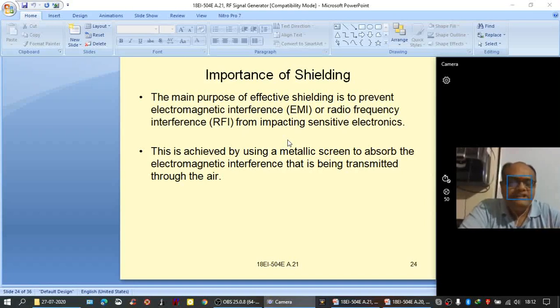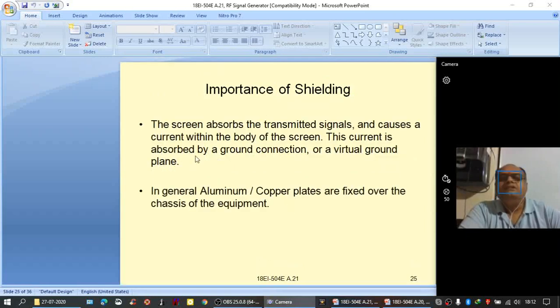By providing a shield on the sensitive parts, and all the interference whatever is expected would be absorbed by the metallic shield, and that metallic shield would produce a current which is connected to the chassis, that is the body of the particular instrument.